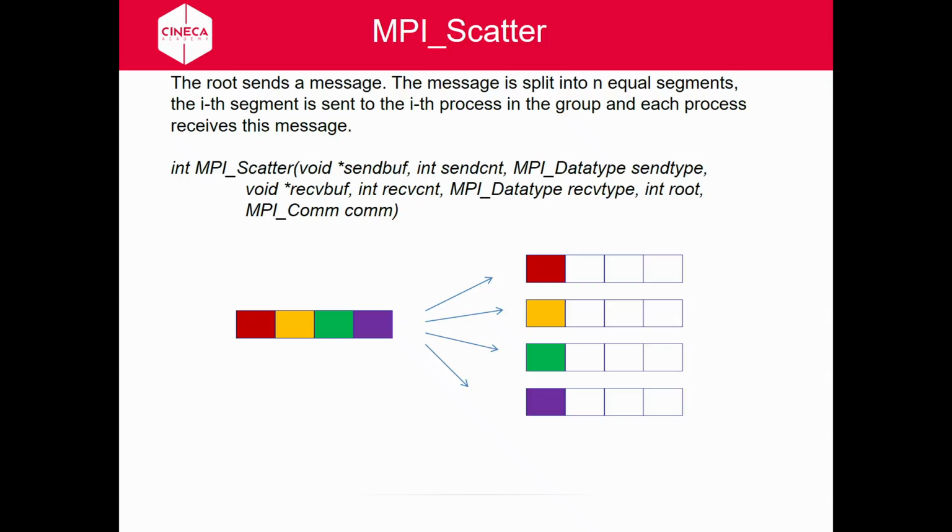You can also do the scatter, that is the inverse operation of the previous command. You have an array and you want to share the information of this array between all your cores. In this case, you can use the scatter command, and the array will be automatically divided between the various cores.